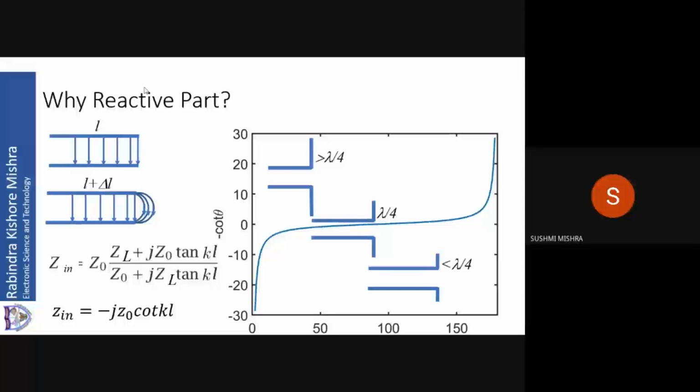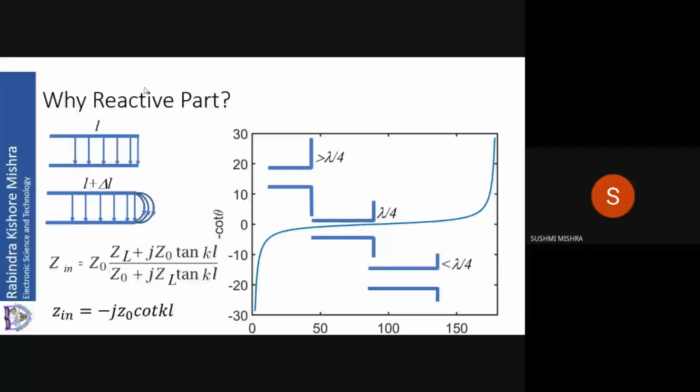Now when KL is equal to 90 degrees, what will be L? KL is 2 pi by lambda into L, which is equal to 90 degrees or pi by 2.